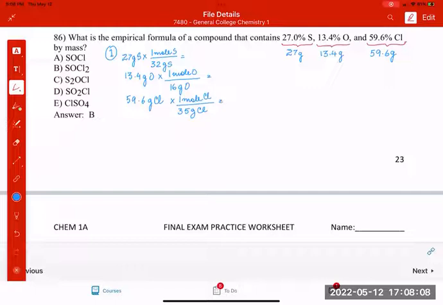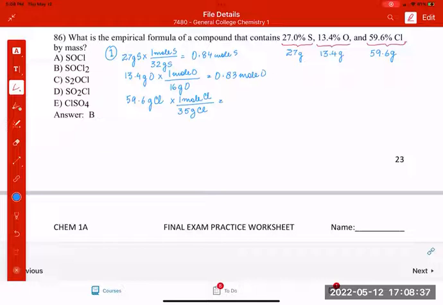Let's do this quickly, because I think this one was on the exam also. So 27 divided by 32, and you get 0.84. That's the moles of sulfur. Next is 13.4 divided by 16, so this is 0.83 moles of oxygen.